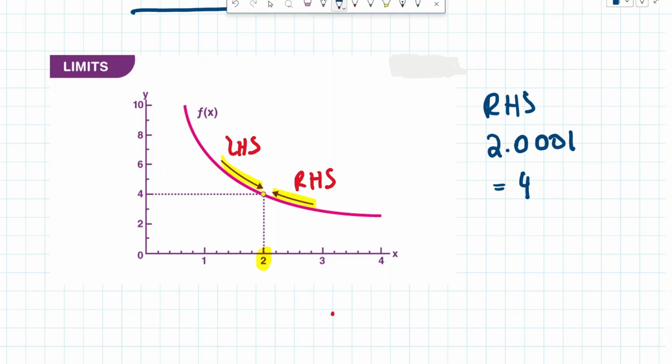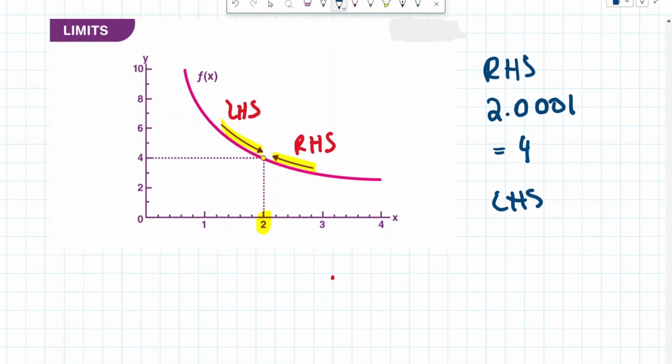Now if we were to look from the left-hand side, we're going to use an approximate value of, let's say, 1.9999. What is the value of f of x at this number? We can see here from the plot that it equals 4.